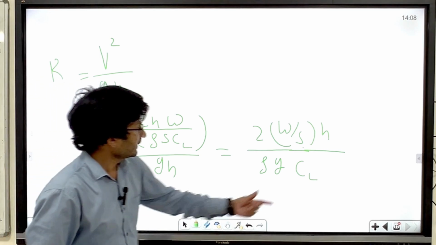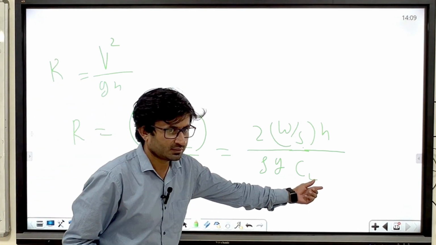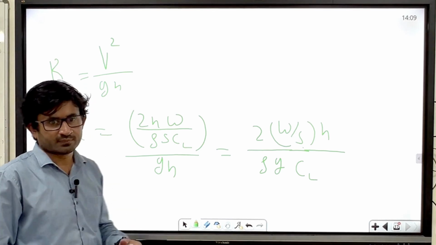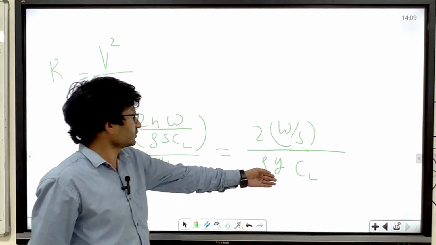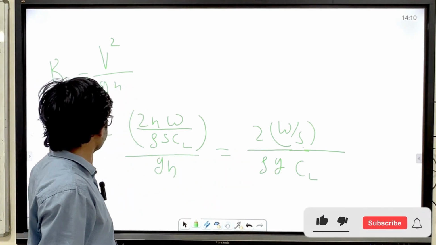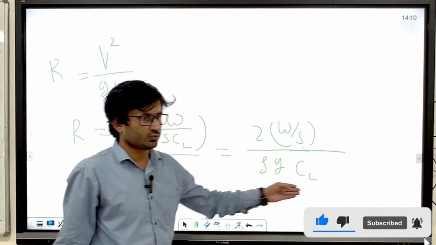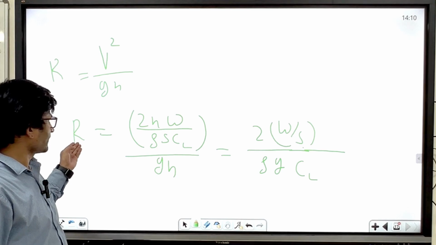If you are flying at a max CL, your turn radius will be minimum. So now in this case your R minimum will be what? When you put CL max, you will have the R minimum condition.